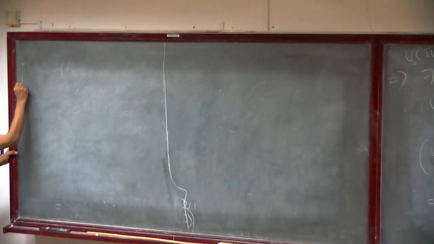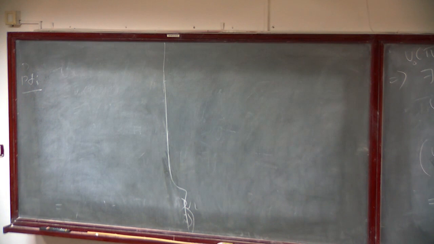So, proof. We have defined the multiplication representation of L infinity on L2, and we want to check first that it's an isometry.